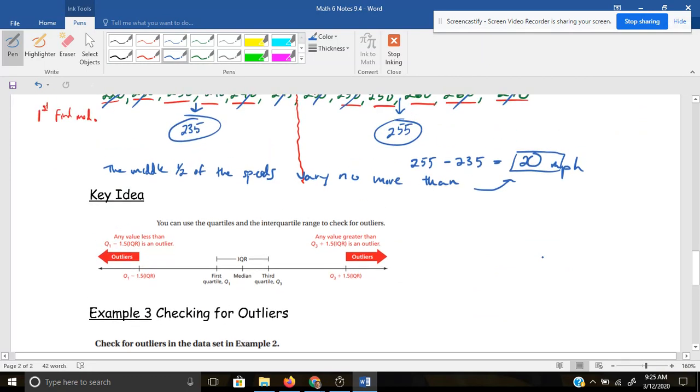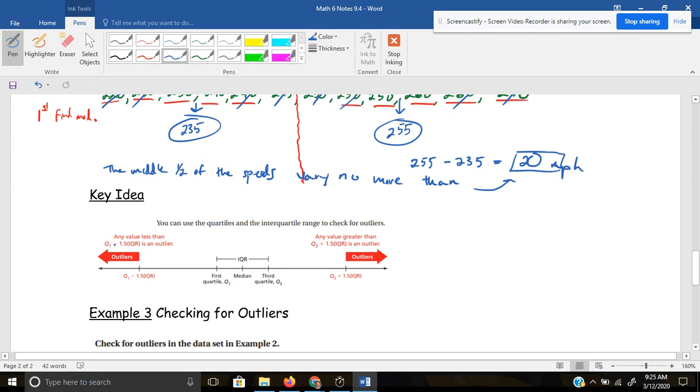All right. The last example deals with checking for outliers based on our interquartile range. You can use the quartiles and the IQR to check for outliers.